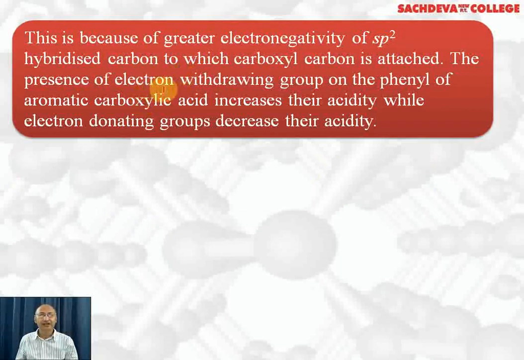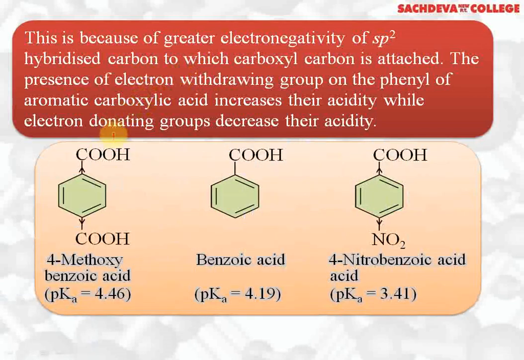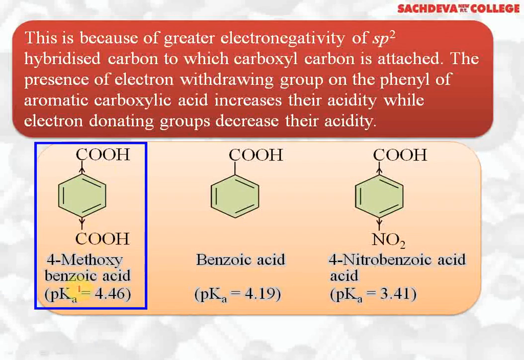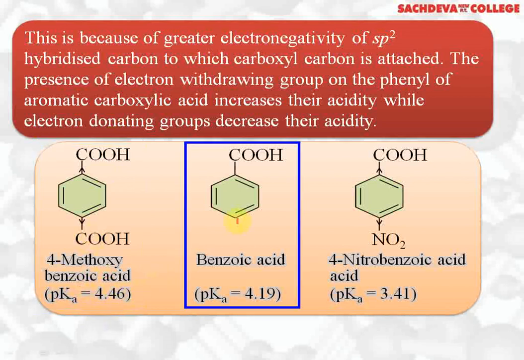The presence of an electron withdrawing group on the phenyl of the aromatic carboxylic acid increases its acidity, while an electron donating group decreases its acidity. For methoxybenzoic acid, pKa is 4.46, and for benzoic acid, it is 4.19. So the lower the value of pKa, the stronger the acid.